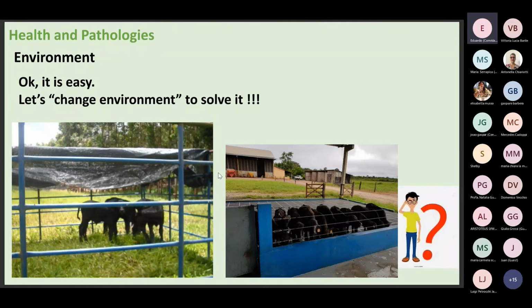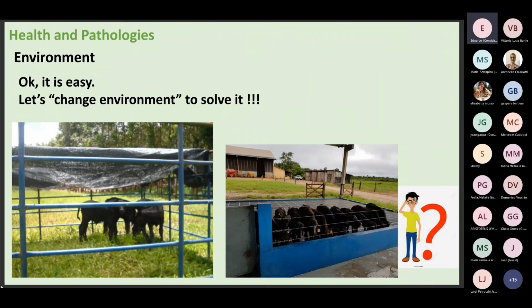Sometimes people try to create a new environment, a clean environment, or change the environment. We can see in the image on the left side, when Brazilian farms try to solve the problem of Hemeriosis infections, creating this very small area to control the space for the animals, and he changed this artificial space according to the weather conditions.